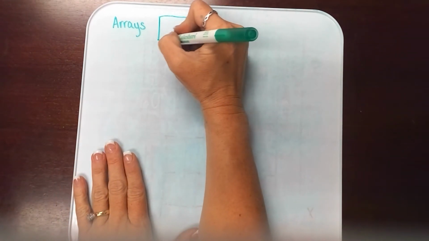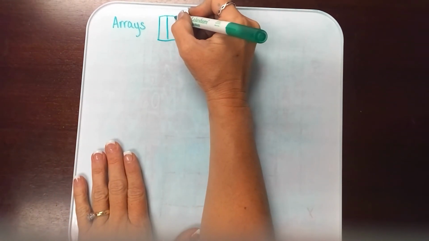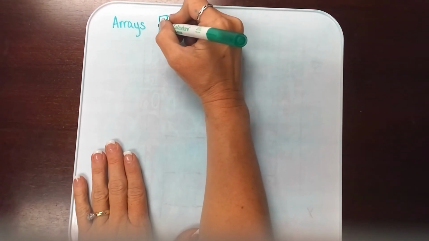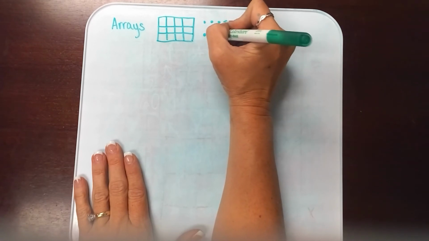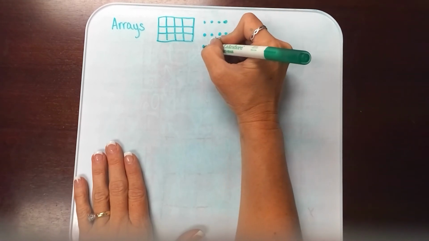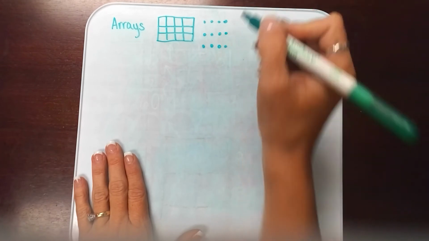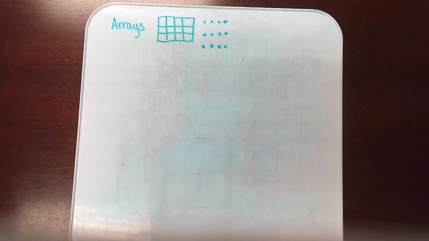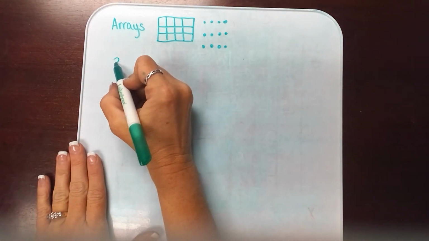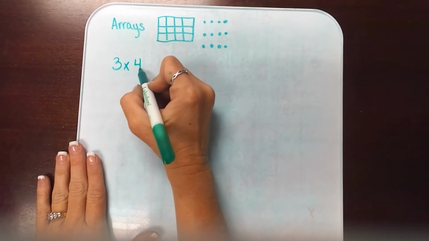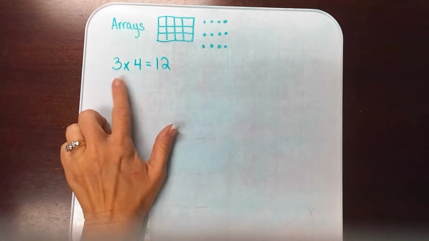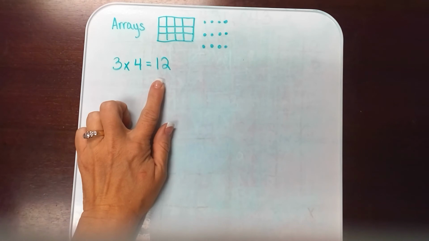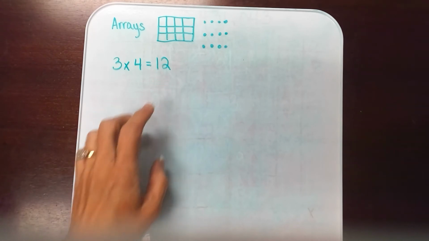So I'm just going to draw a real quick one. So you may see 3 times 4 like this. You may see 3 times 4 like this. But they may have arrays that they are representing the problem with. Definitely they'll have to represent problems with equations. Okay, so I have my factors of 3 times 4 and my product of 12.